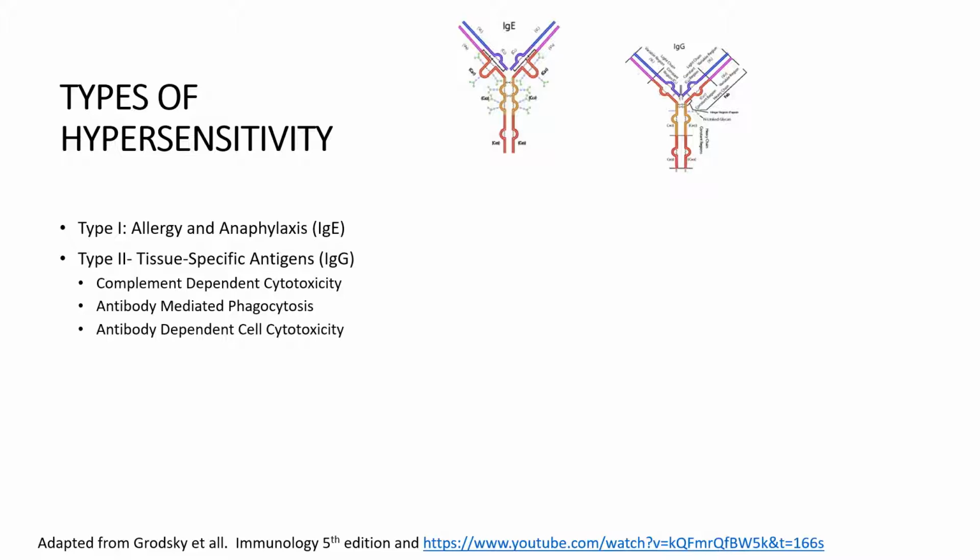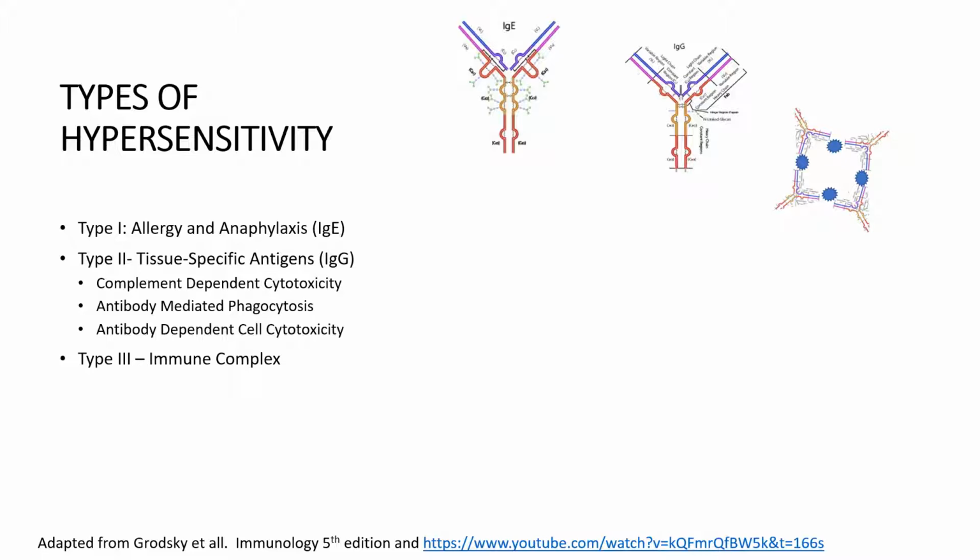So these 3 belong to the type 2 tissue-specific antigen hypersensitivity, characterized by the presence of IgG. Type 3 requires the presence of immune complexes that could be IgG or IgM. Now, all of these antibodies, IgE, IgG, or IgG and IgM, are produced by the individual, by the patient.